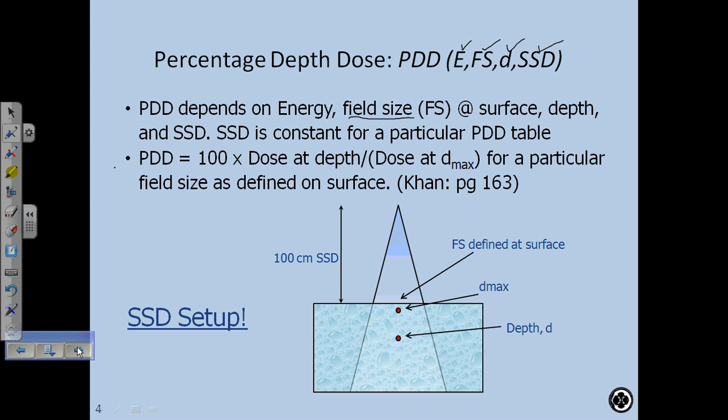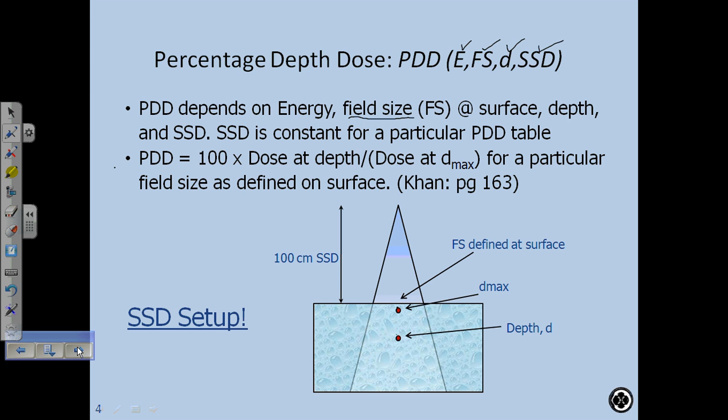This is an example of a water tank. You can see the water in there, and there's a chamber at a depth D, and we could place our chamber at Dmax as well. We take the measurement of this divided by the measurement of this. Is our PDD going to be higher or lower than 100?